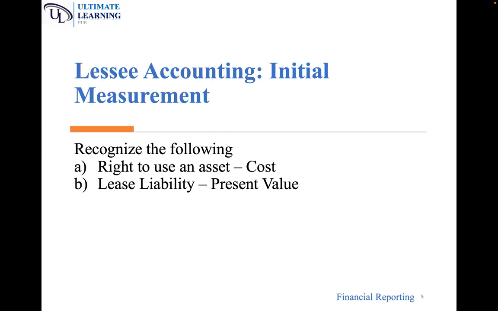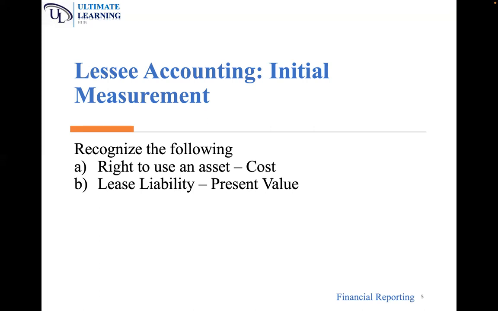For example, when my business leases a motor vehicle, maybe for a period of 5 years, I have a right to use the motor vehicle for a period of 5 years. When I receive the asset from the lessor, I have the right to use the asset for a period of time.